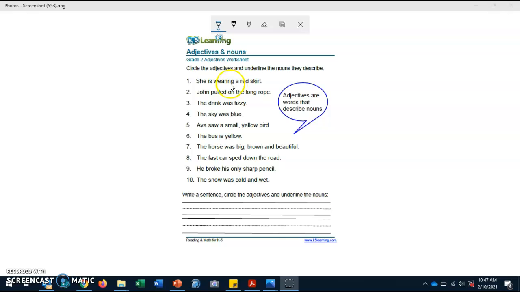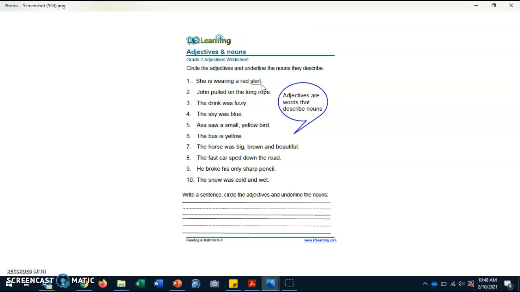Number 1 says, she is wearing a red skirt. So what are they talking about here? Yes, our noun here is the skirt, because that is what they are describing.